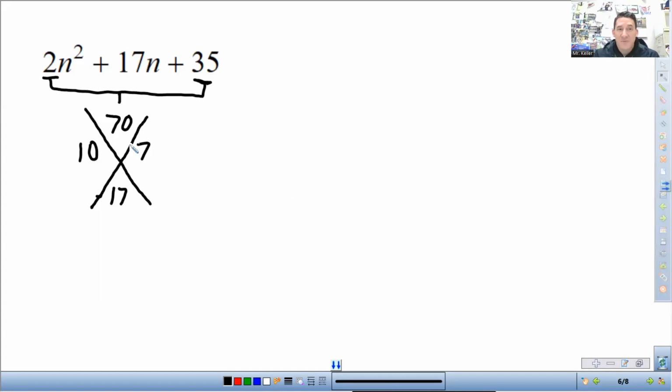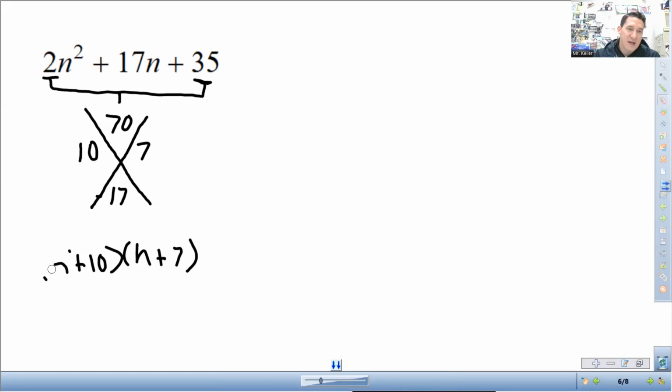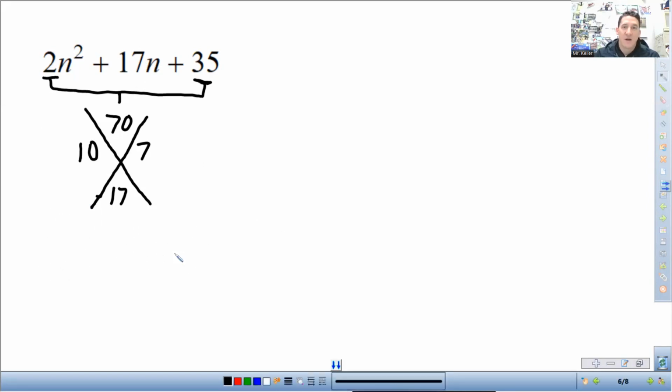All right, so here's the thing. We can't just use that shortcut that we used on the other ones. It's n plus 10 times n plus 7 is not going to be the right answer, right? Remember, we're undoing multiplication. If we were to multiply this back together, this 2 isn't going to be in there. So we've got to take care of that too. So this is where we do kind of need to do the factor by grouping.